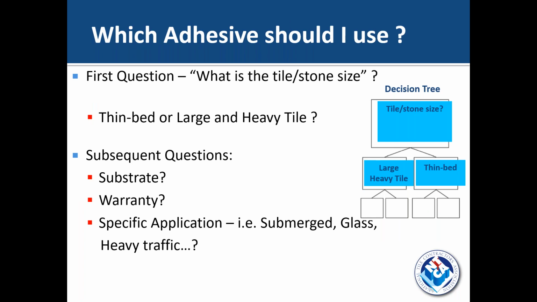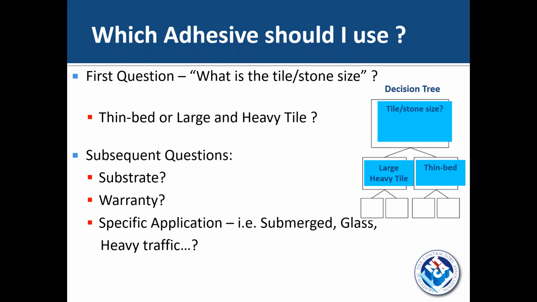So finally, in terms of what people ask, well, what tile adhesive should I be using? Really, my recommendation is to first look at the tile or stone size, because if you can determine that you need a large and heavy tile mortar, for example, that in most product lines will cut your choices in half.